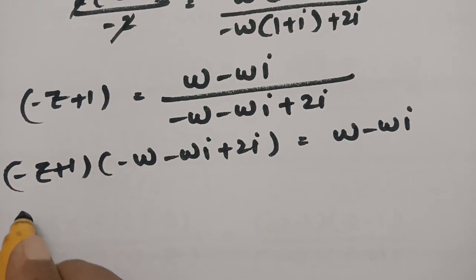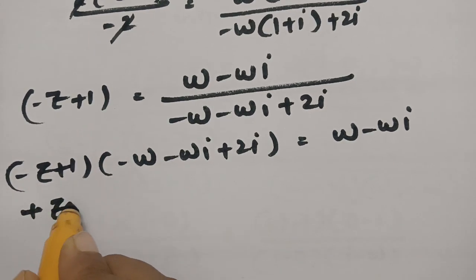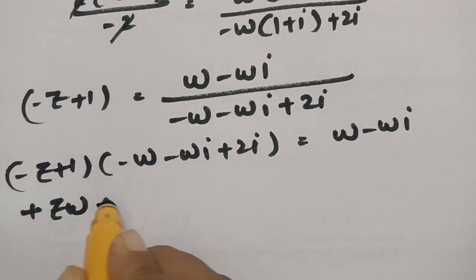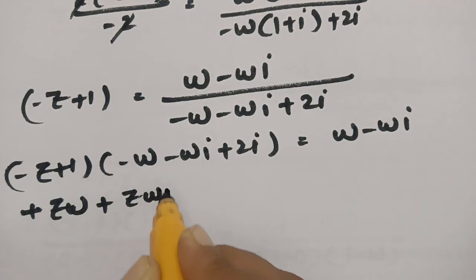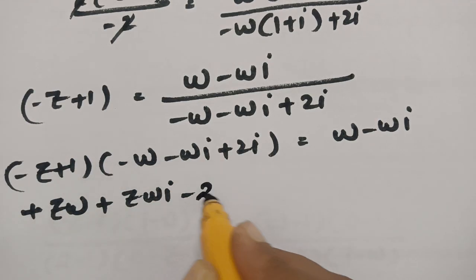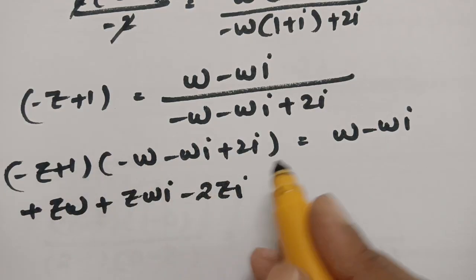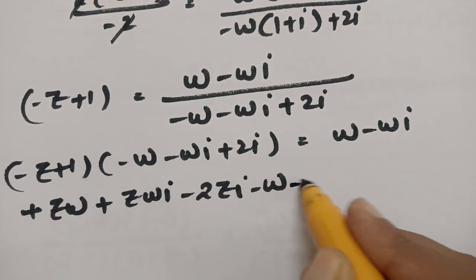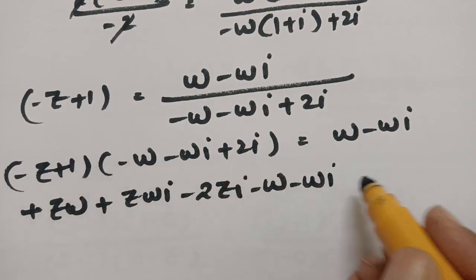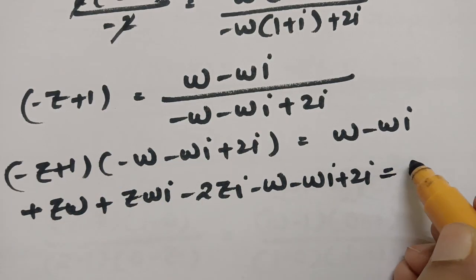So if I multiply, see here, this will be zw, minus of minus plus zwi, and this is minus 2zi, and this is minus w, this is minus wi, and this value is 2i is equal to w minus wi.